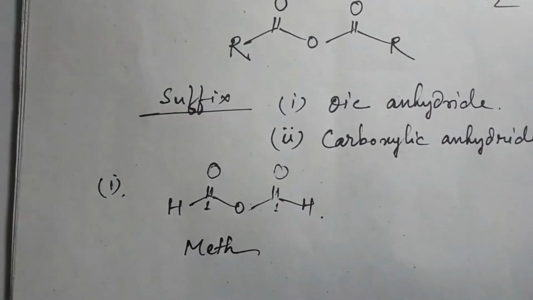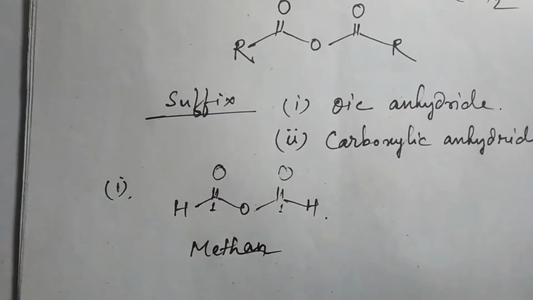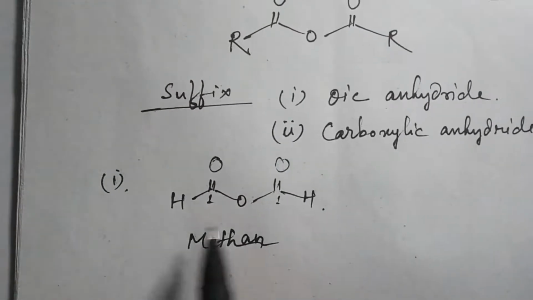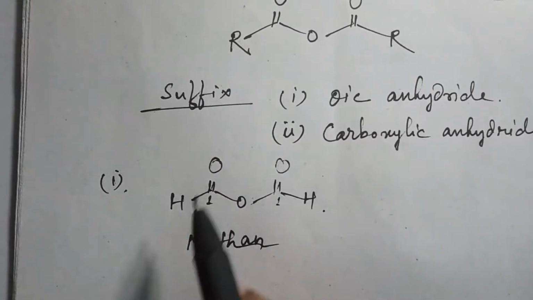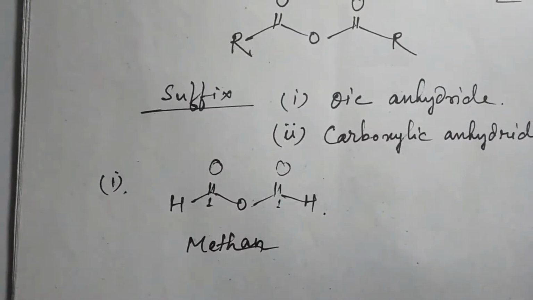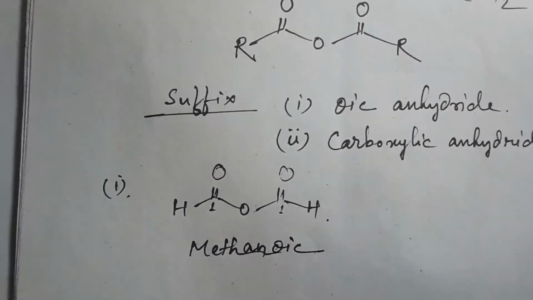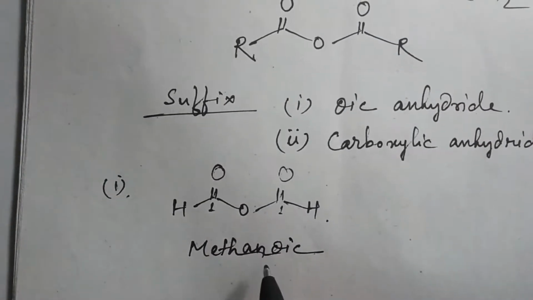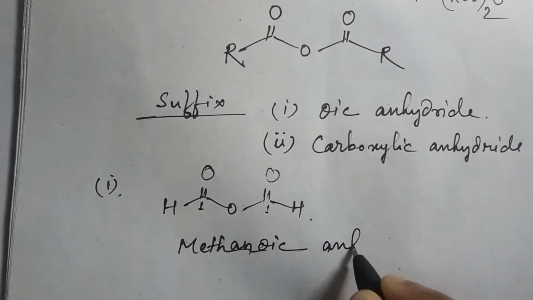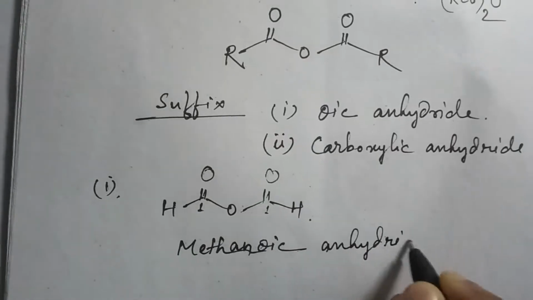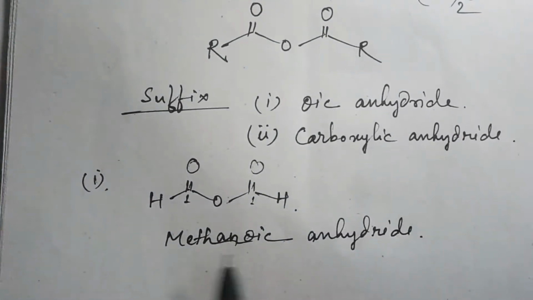So this is alkane. So for alkane, we know the suffix is ane, methane. Now this anhydride is coming from an acid. So for acid, we know the suffix is oic, right? So methanoic. Then this one is anhydride. So methanoic anhydride. That is this oic anhydride.